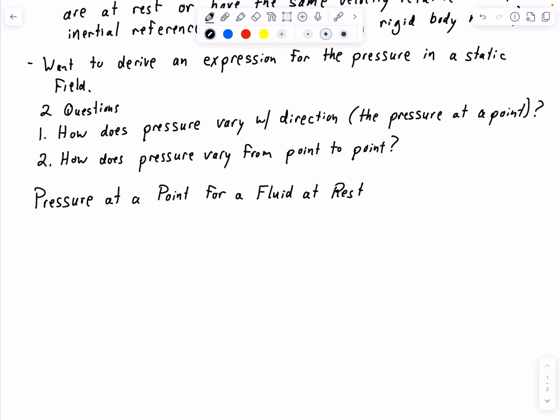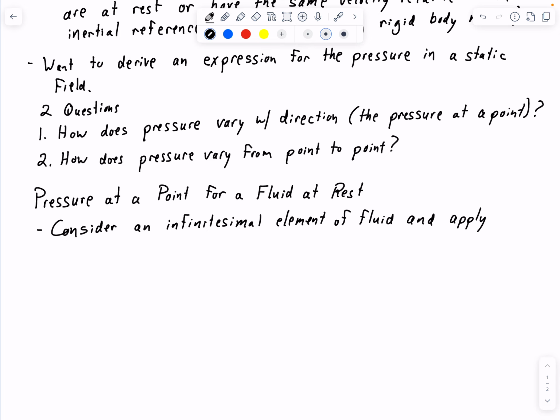To begin this derivation, we are going to consider an infinitesimal, a very, very small element of fluid, and we are going to apply Newton's second law.